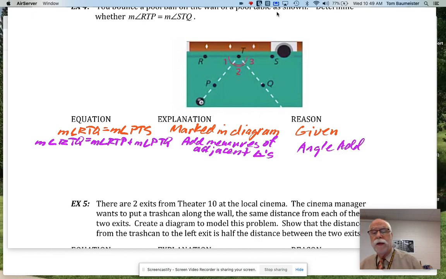As we're writing this down, simplify it, just say angle add.